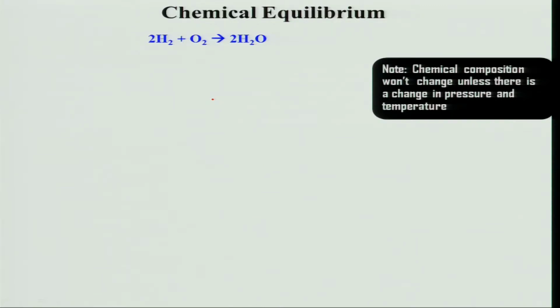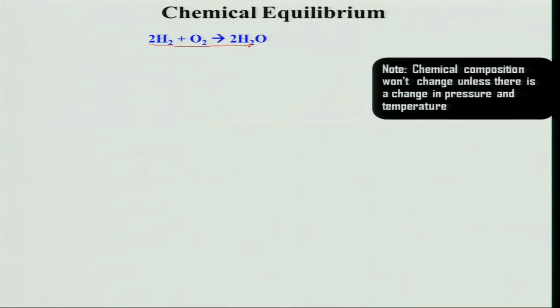However, how will we determine the composition when some reaction is taking place? Keep in mind that the reaction I have written here need not be there in a real situation. There might be several reaction steps involved, and this is just a global reaction, a representative overall reaction of whatever is occurring.